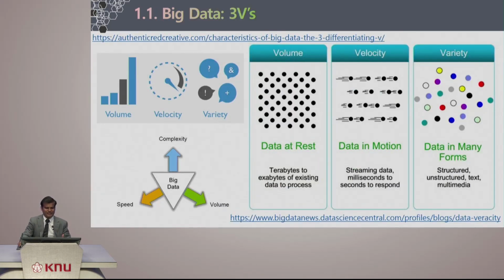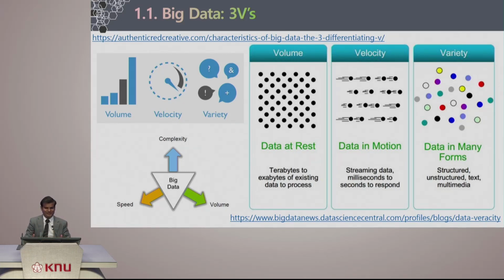We'll start with the basic characteristics of data, the traditional 3 V's. The first one is volume, then velocity, and variety. From the word volume, we know it is a huge amount of data, and velocity means high speed data.